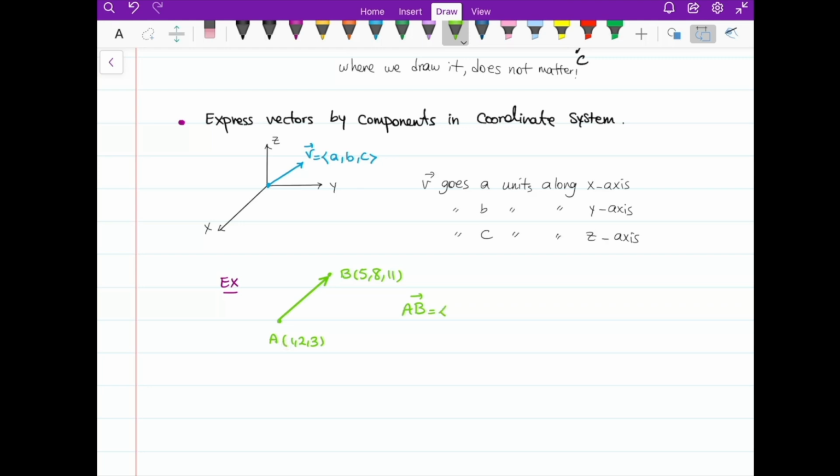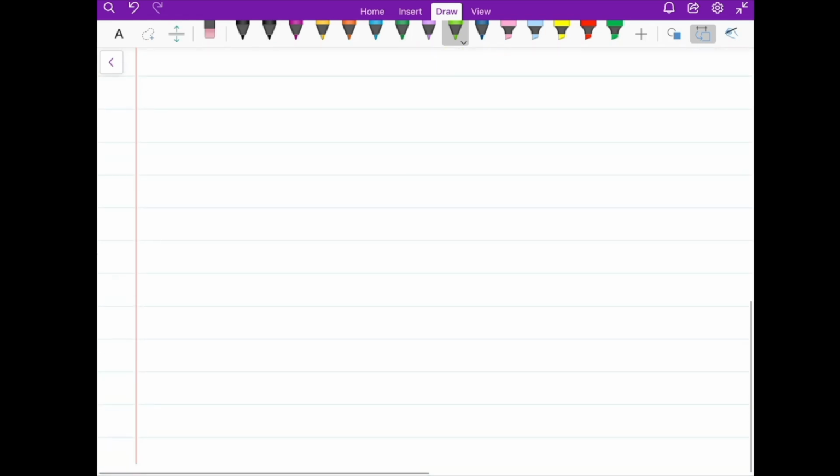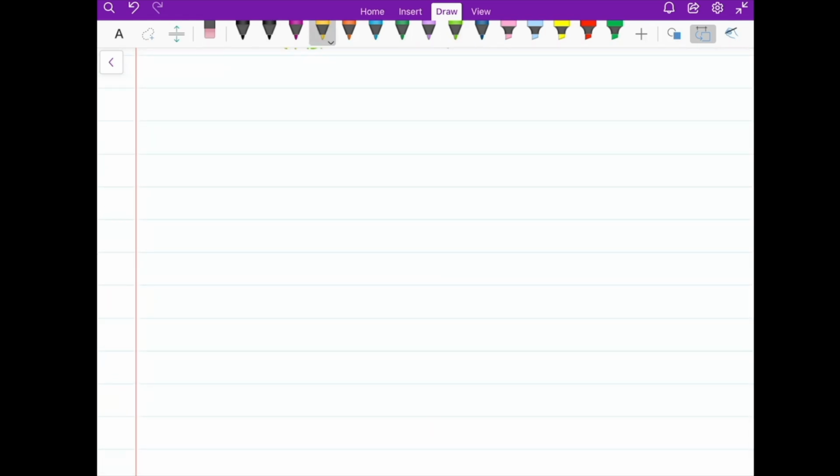So it would be 5 minus 1, 8 minus 2, and 11 minus 3. Okay, so the vector AB has the components 4, 6, and 8.